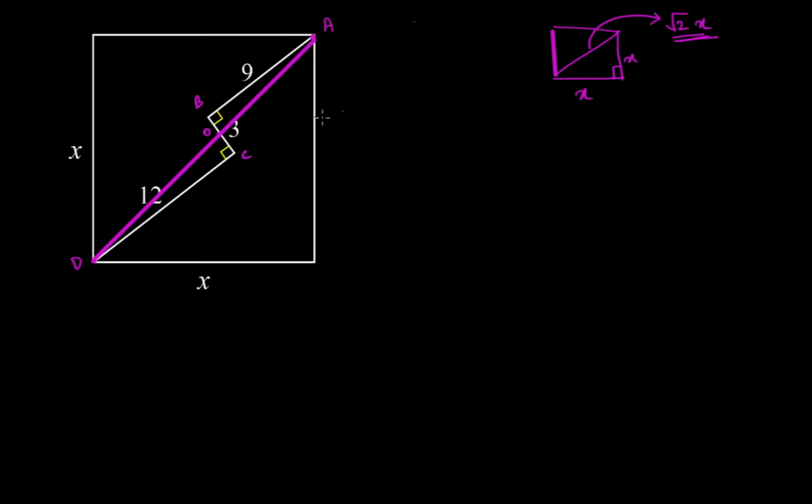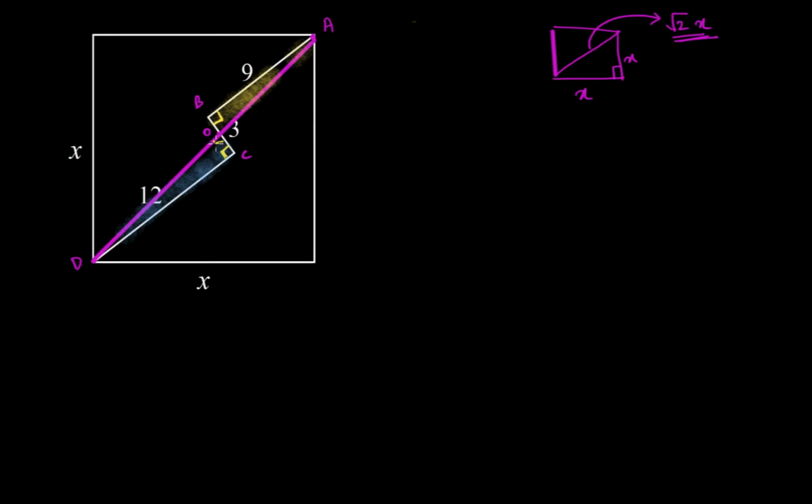Now what will help us is finding the relation between the two triangles that we have here. One is this triangle DOC, and another is this triangle ABO. So let us think of some approach here. This is 90 degree, this is also 90 degree.